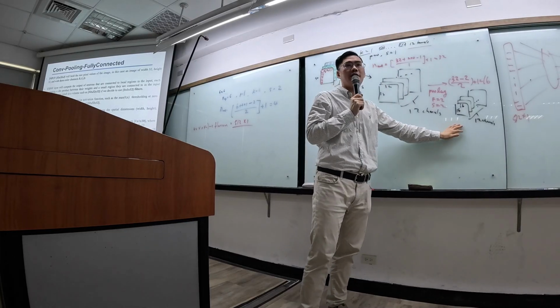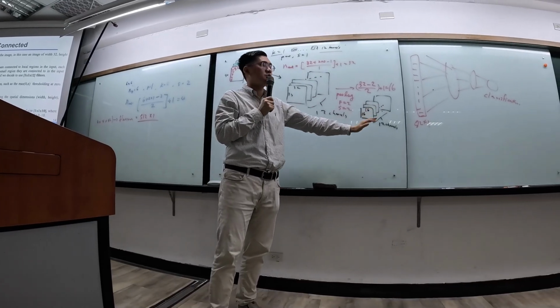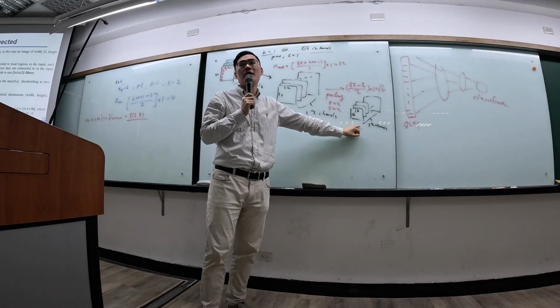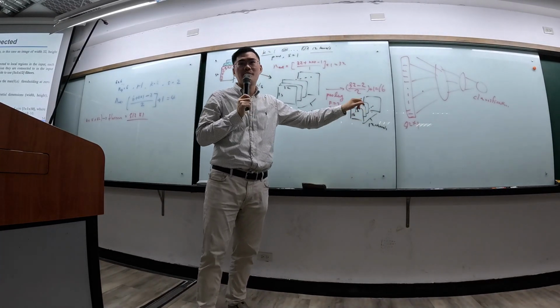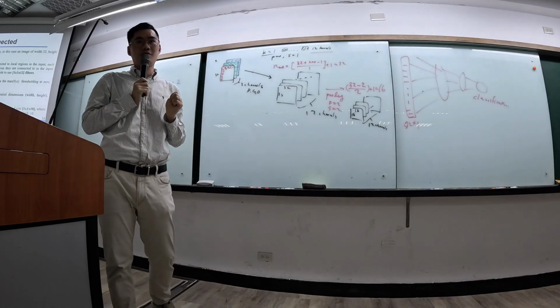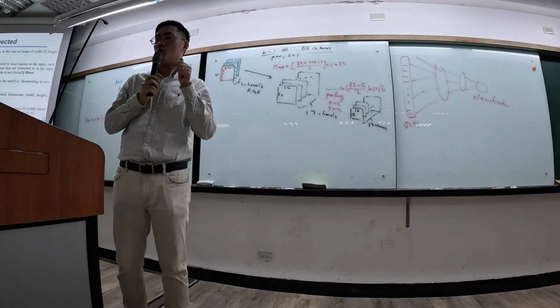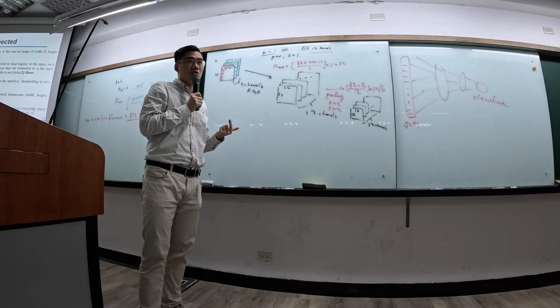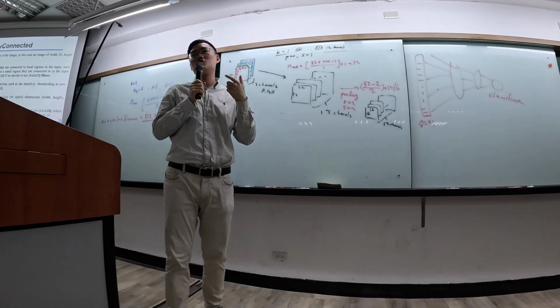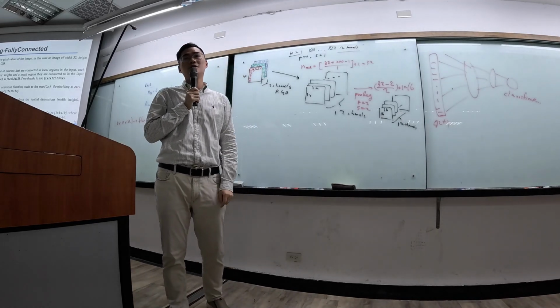So after this pooling layer, you're supposed to get maybe 100 by 16 by 16 by 12. So it's a 4-dimensional tensor. So you have a lot of parameters within it. So that's why I say nowadays you need to use a TPU or GPU to make the overall calculations efficient. Okay?